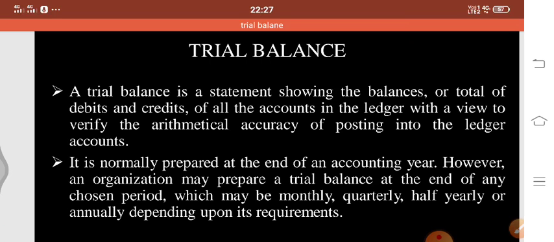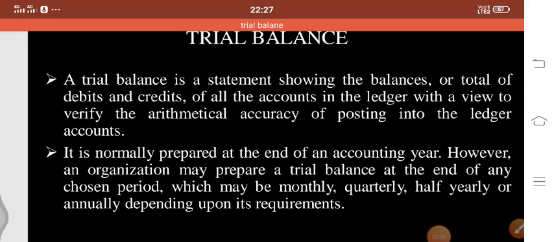If we have made such errors, they are noticed through the trial balance, and that is why the trial balance is a medium of checking the arithmetical accuracy of the ledger accounts.